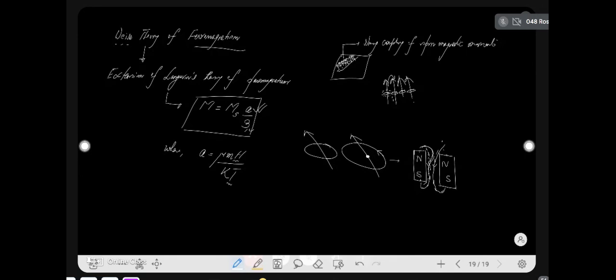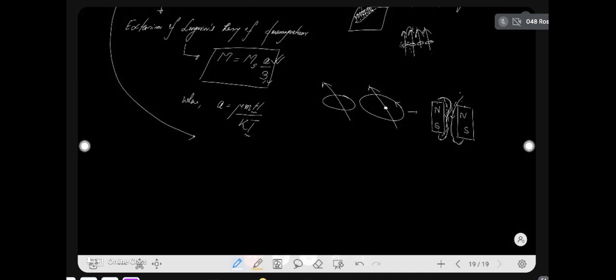So what Weiss did is he modified the assumption that was taken by Langevin. He just overcame that factor. And he said that in a ferromagnetic specimen we will be taking one particular internal field.